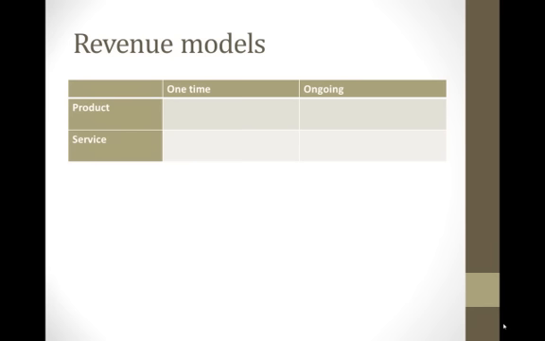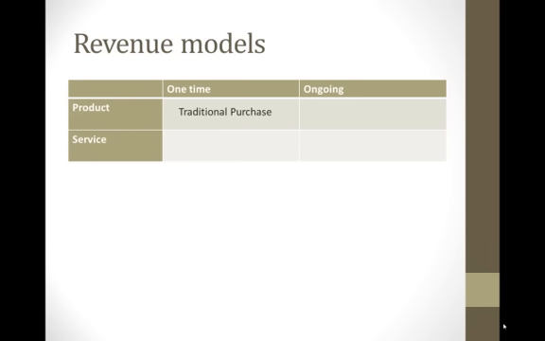So I developed this matrix because it made it a lot easier for me to understand. You can either sell a product or a service. Some people call it a good or a service, whatever. And then you can have a one-time purchase or an ongoing one, so kind of like the capital versus expense. It's a one-time purchase versus an ongoing expense.